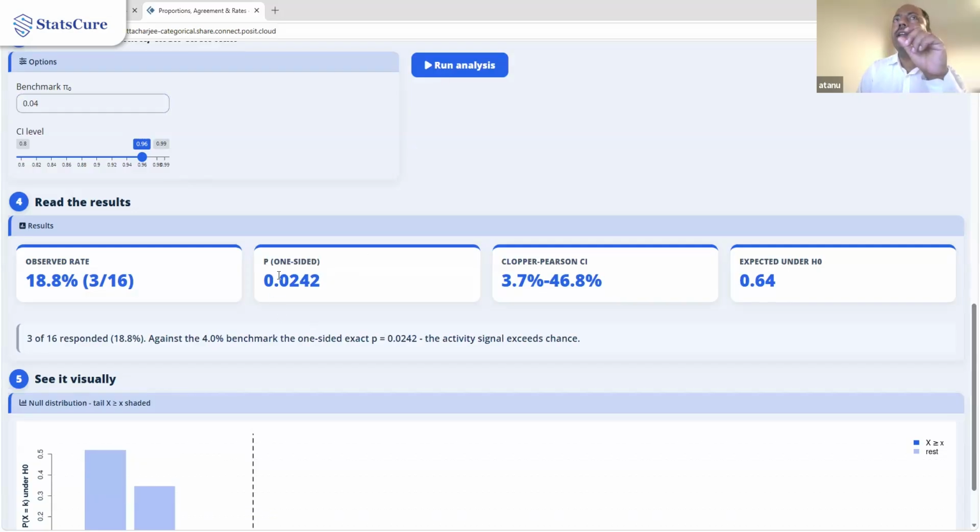Basically benchmark is nothing but, you can think of it like a passing mark. In any exam you have 100 marks, but sometimes we consider 30% as the passing mark, sometimes 50%, sometimes 60%.